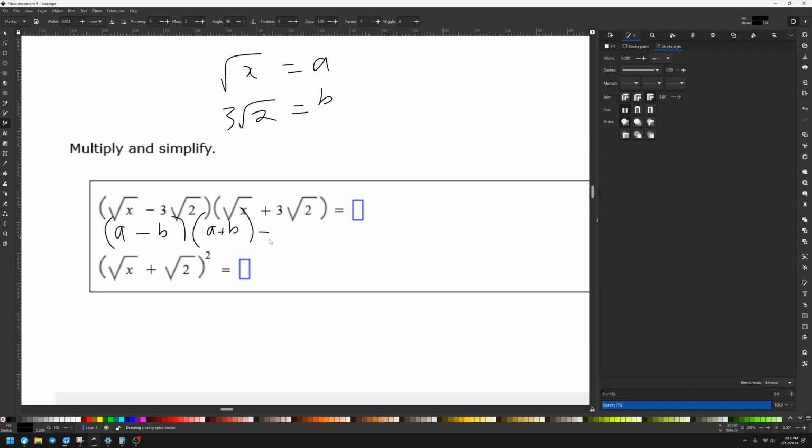That's the difference of squares. That's equal to a squared minus b squared. Let's do that. So the square root of x squared is x, and 3 root 2 squared, let's find that real quick. 3 root 2 times 3 root 2. 3 times 3 is 9, and the square root of 2 times the square root of 2 is 2. So 2 times 9 is 18. We have x minus 18.